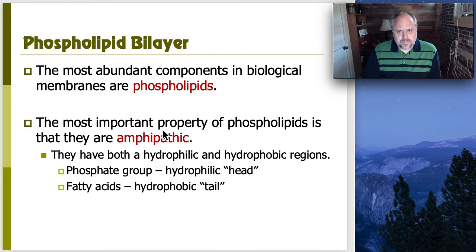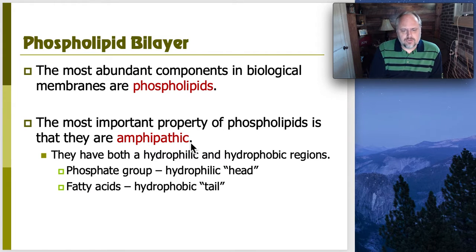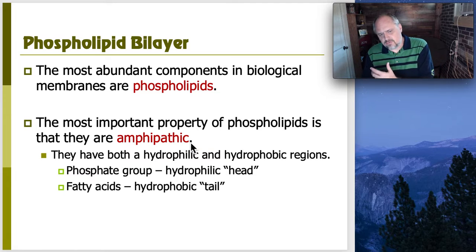One of the most important properties of the phospholipids is the fact that they are amphipathic, and you'll recognize that amphi meaning both, and pathic, remember, sympathy or empathy, it refers to feelings, but in this case, of course, it's referring to whether you interact with an aqueous environment or not. Do you interact with it, or do you not?